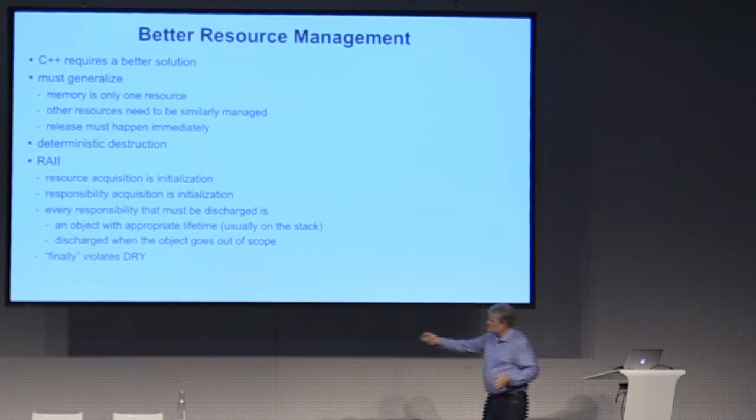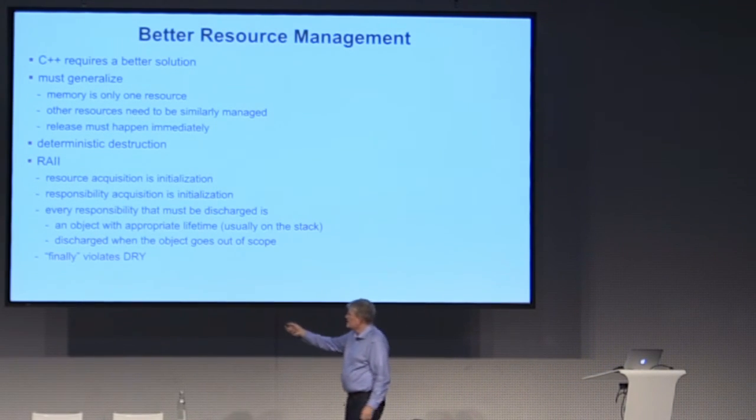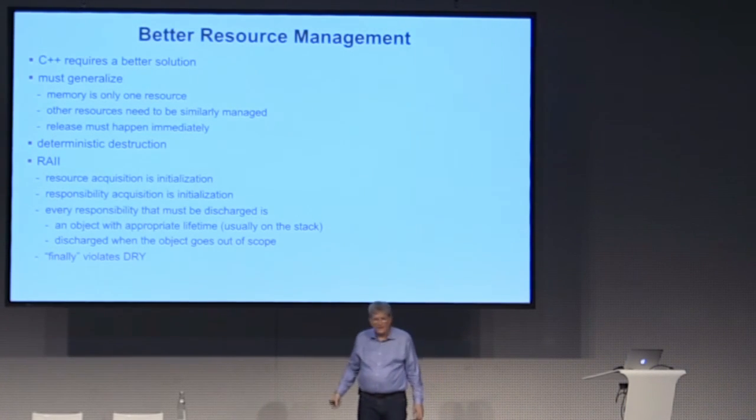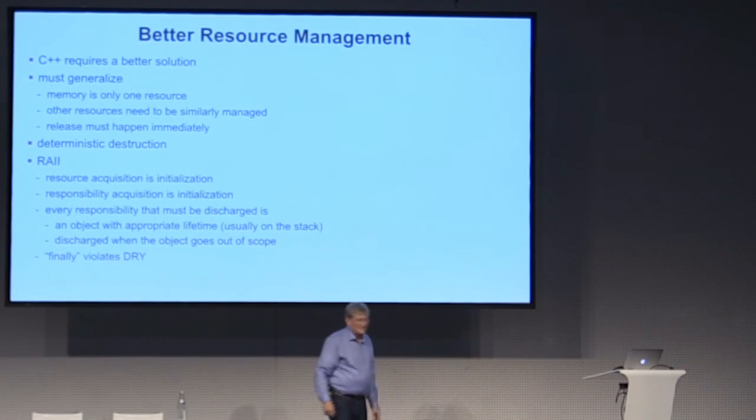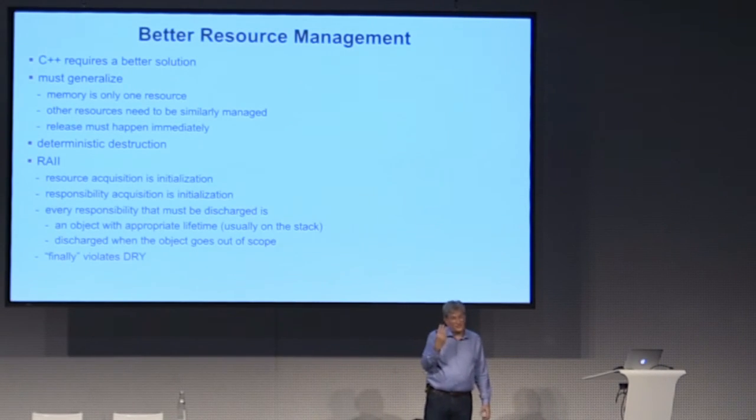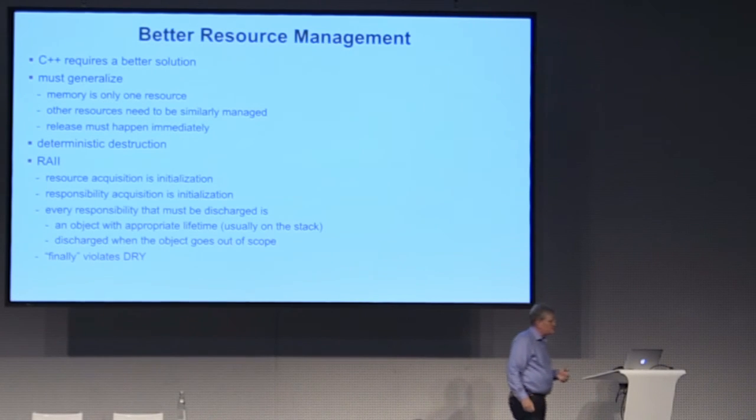Some languages have this finally, but really, finally violates DRY. What's DRY? Usually in America, I can get at least three. Yes, don't repeat yourself. But why does finally violate don't repeat yourself?